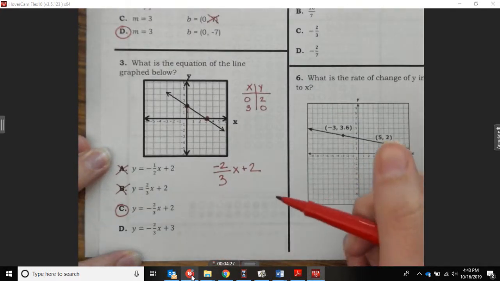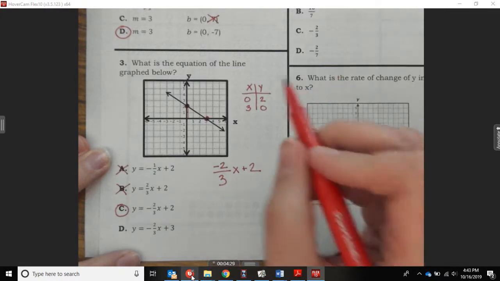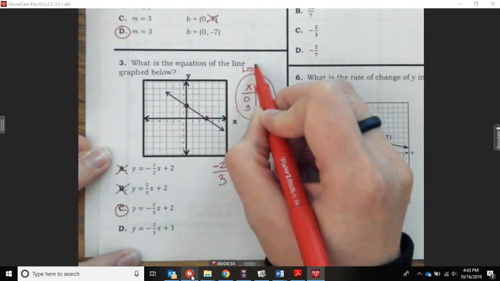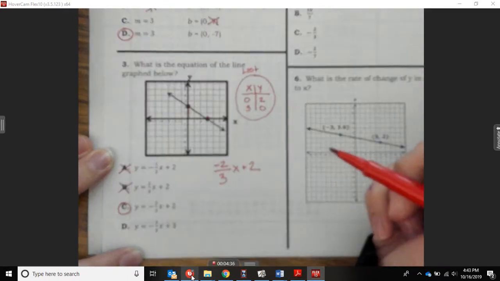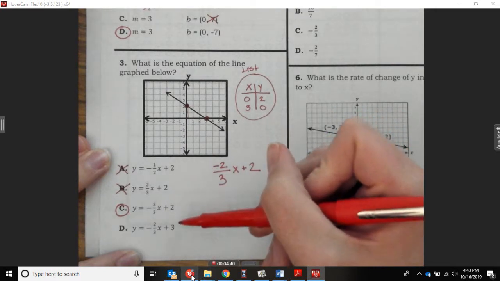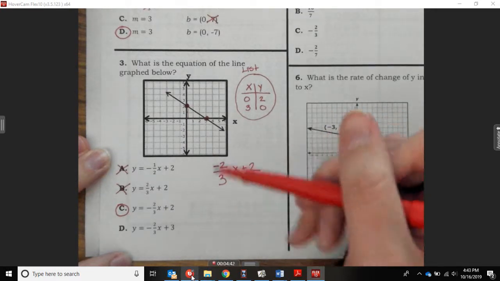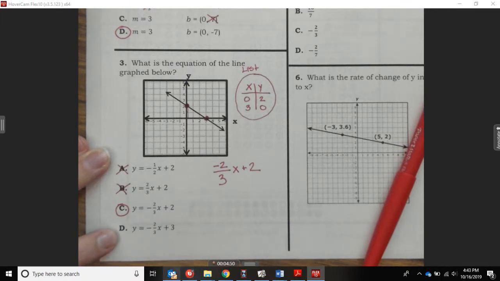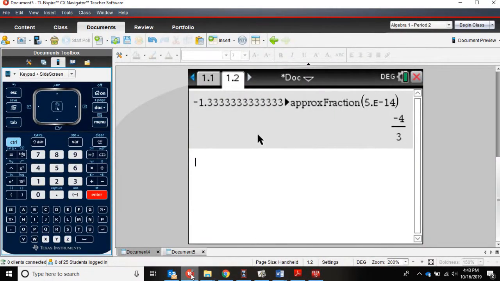Now, you could have used your calculator multiple ways on this one. You could have typed this into the list and spreadsheet page, just like I showed you for number 1. Or you could have actually taken your answer choices and typed them into a graph page to see which one matched. So the most common wrong answer was D, because I don't think that y'all were paying attention.